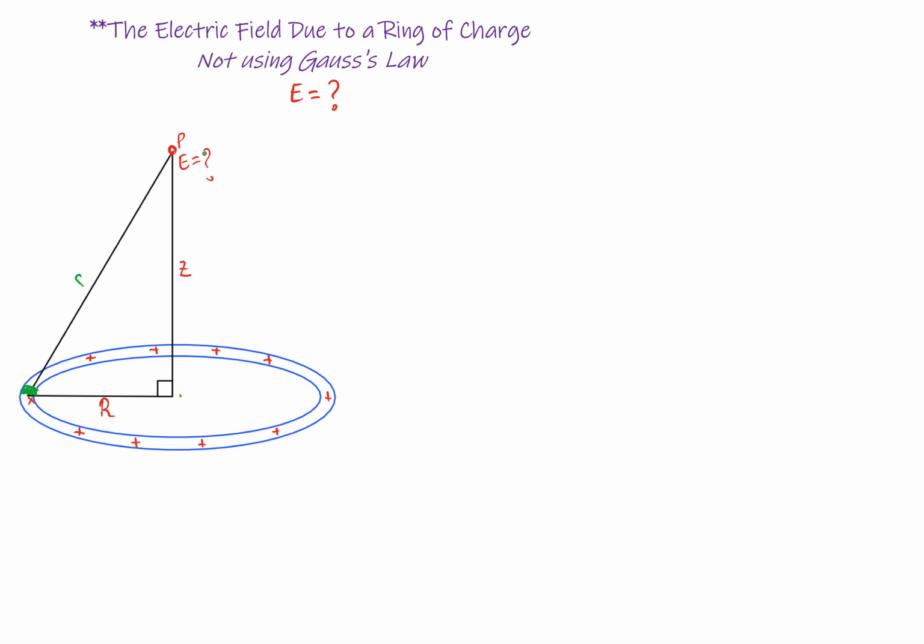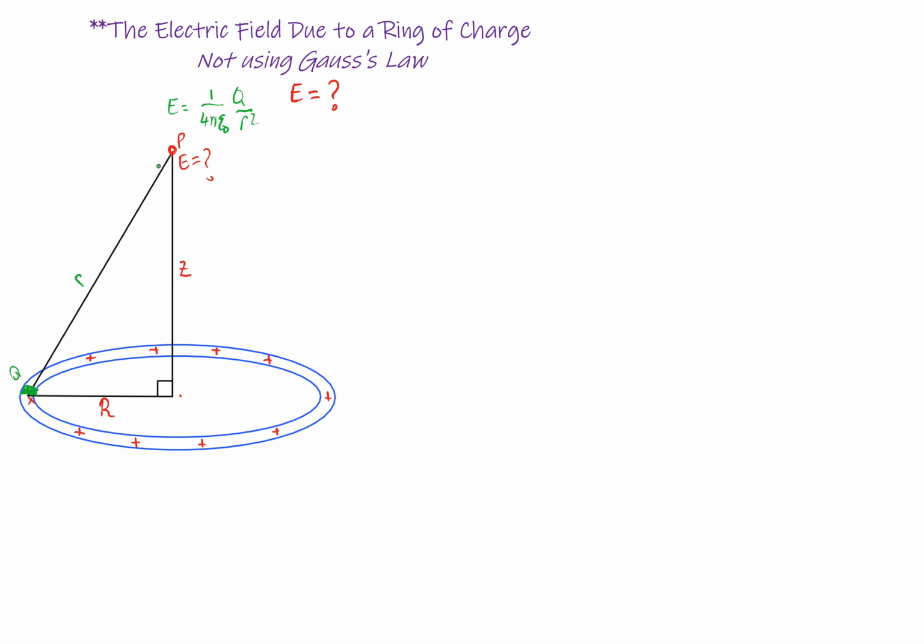We know the electric field would be equal to 1 over 4 pi epsilon naught times q over r squared, with r being this value.